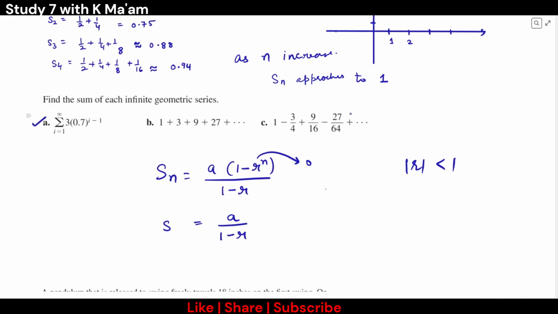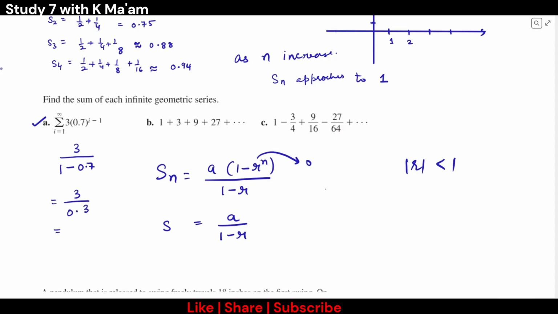So let's see question number A. The first term is 3 into 0.7 to the power 0, that means 3. The first term is 3 and the common ratio is 0.7. We have to find the sum of infinite terms. So the formula will be first term over 1 minus r, which is 3 over 0.3.